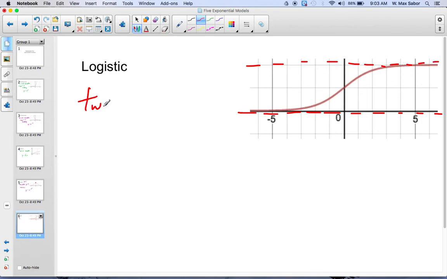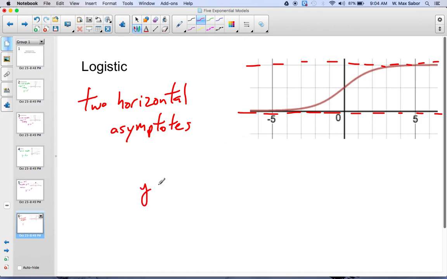So 2 horizontal asymptotes, and it's monotonic, or constantly increasing or constantly decreasing. So you could have one going from here down there, and that would also be logistic. But there are essentially 2 plateaus, one down here, and then the change in the middle.